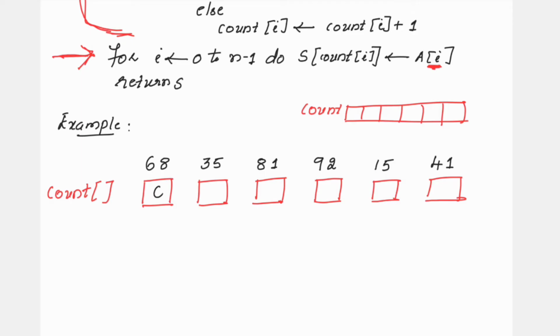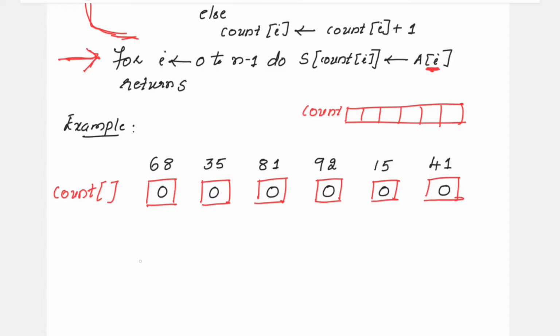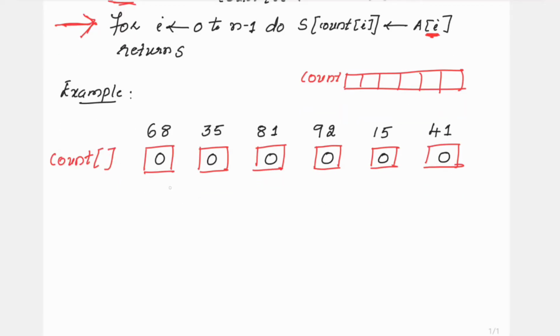So initially I'll put 0 for all the elements. I'm assuming that all the elements are placed in the very first position in the array, which is not practically correct, but to start tracing the pseudocode, I'll assume this. Update the values for the count. I'll leave some space here, and write the elements: 35, 81, 92, 15 and 41.